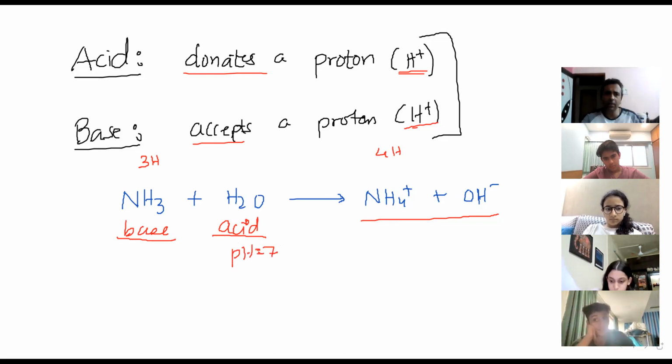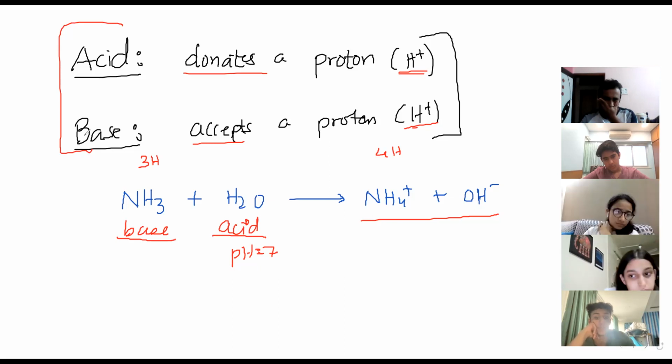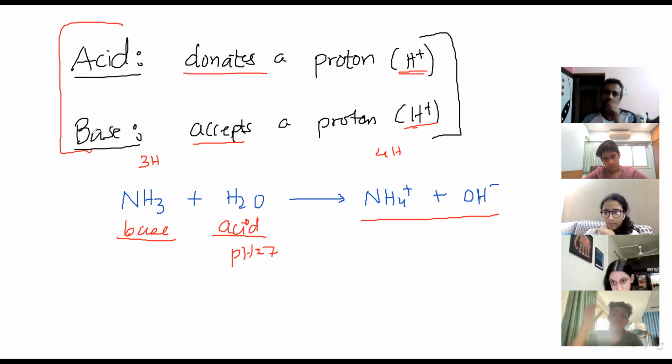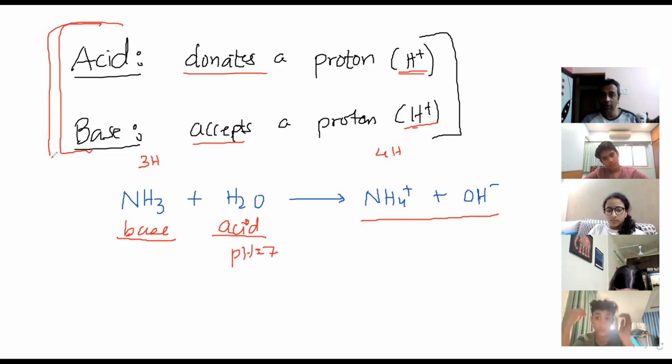When I started this explanation, what did I say the first thing? The pH definition used to be the old definition. But remember that doesn't mean that old definitions are not valid. Old definitions are also valid. In fact, this is not the most recent or latest definition.